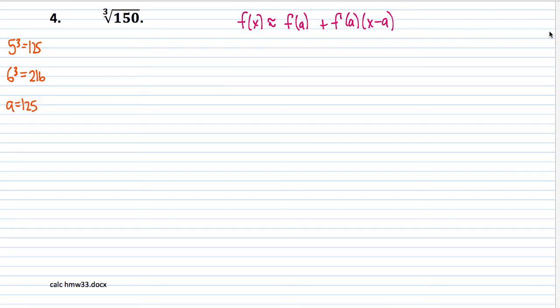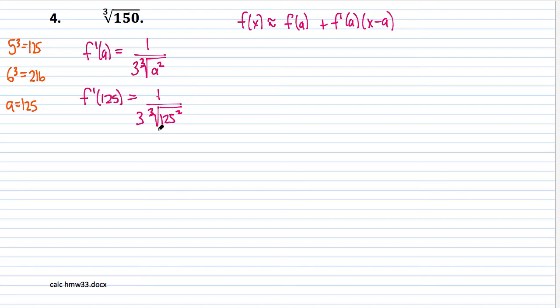Thankfully we just did a lot of work involving this, but we'll go ahead and do it again just for practice purposes. So f prime of a is again 1 over 3 times the cube root of a squared. So f prime of 125 will be equal to 1 over 3 times the cube root of 125 squared.